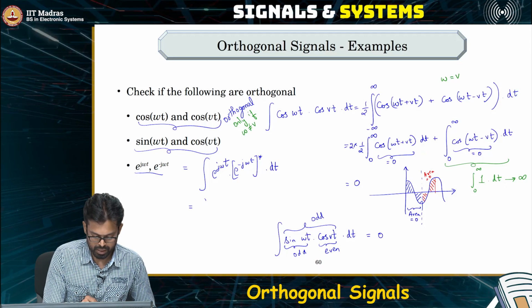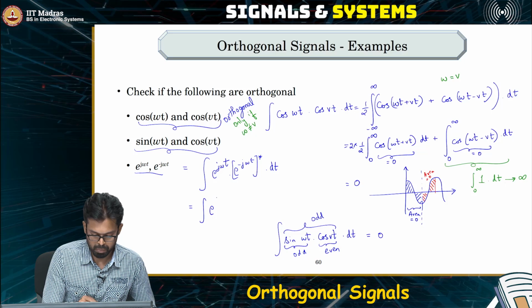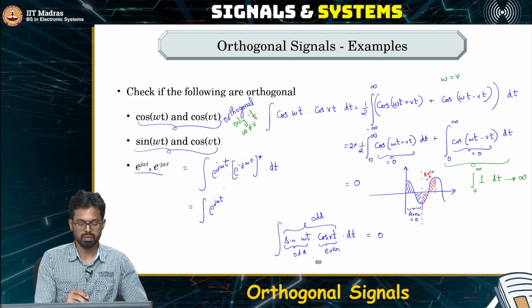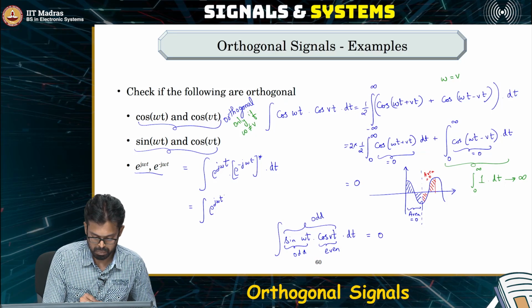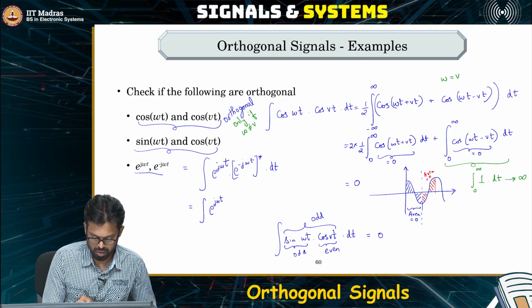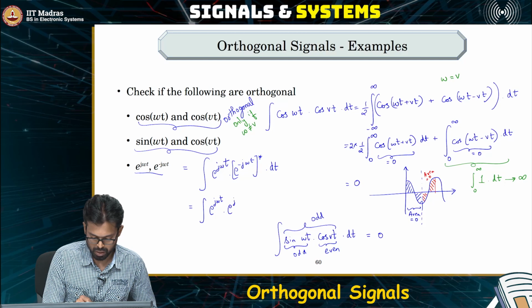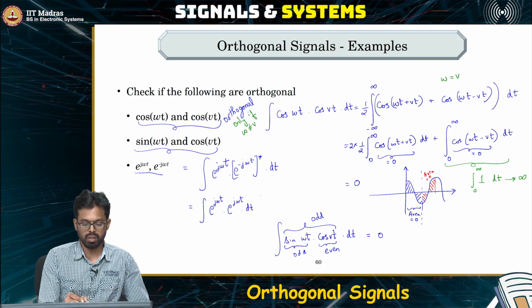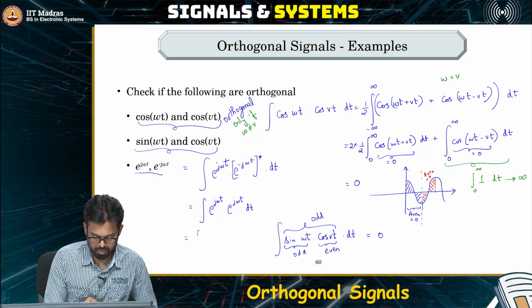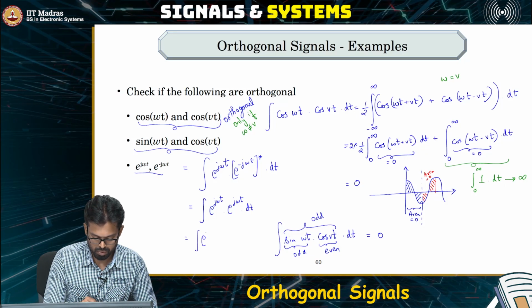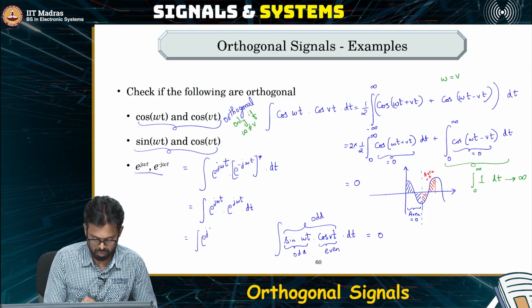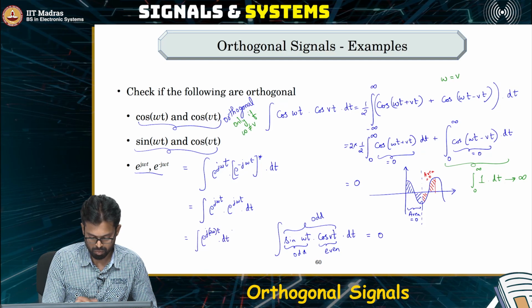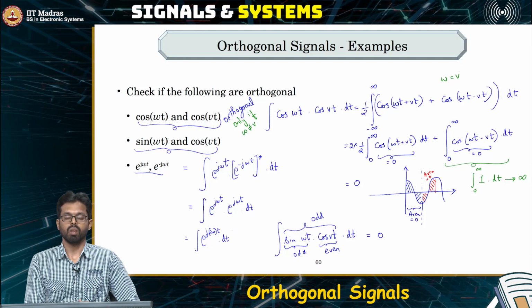So what is this? So this is e power j omega t times e power j omega t itself. Okay, so this is just e power j2 omega t.